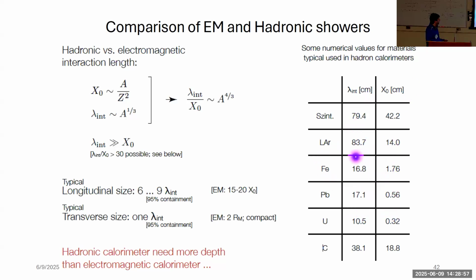So for example, for steel or iron, you can get a radiation length of about 1.7 centimeters compared to a hadronic interaction length of something like 17 centimeters. And you need about 6 to 9 hadronic interaction lengths to fully contain a hadronic shower. So this means that hadronic calorimeters need much more depth, or need to be much longer, than electromagnetic calorimeters. Okay.